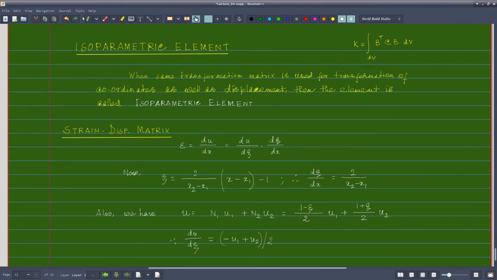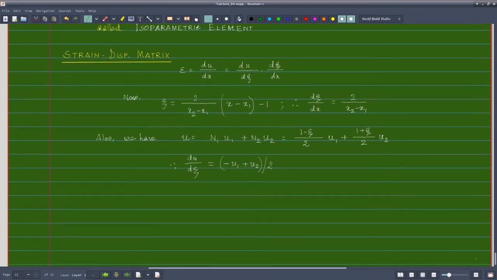So therefore what is my strain now? My strain is du d xi into d xi dx, so I have u2 minus u1 by 2, that is du d xi, into d xi dx, that is 2 by x2 minus x1, which is nothing but u2 minus u1 by x2 minus x1, right?